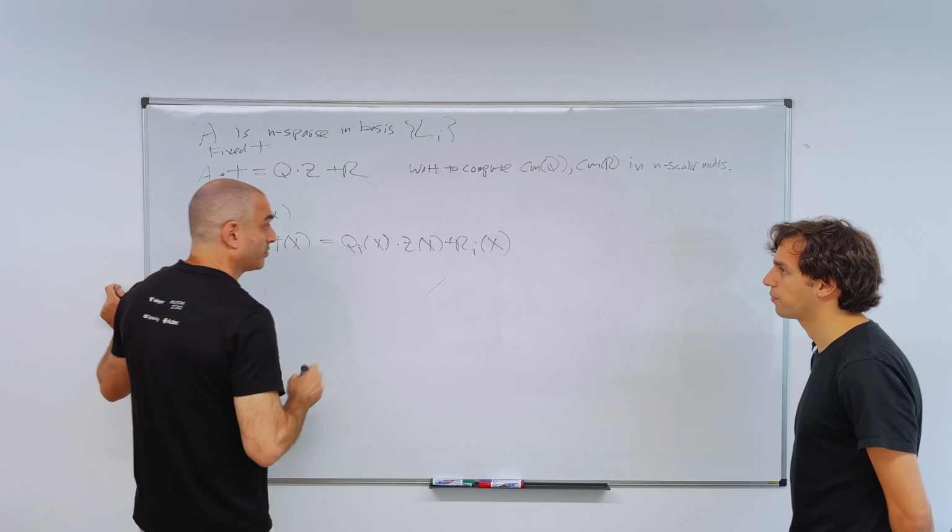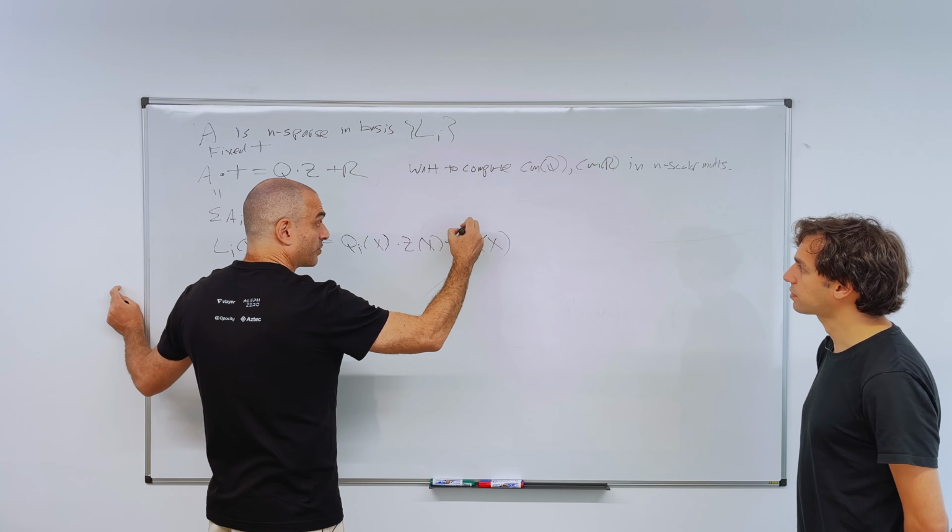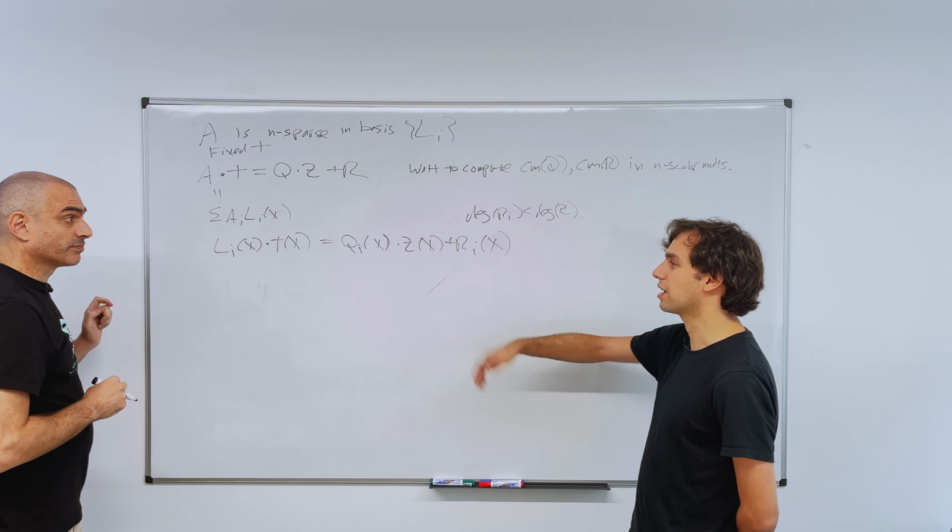By division with remainder, we mean that the degree of ri is always smaller than the degree of z. We're always computing qi and ri such that the degree of the remainder is smaller. We take out as many z's as we can, and then we're left with some r.